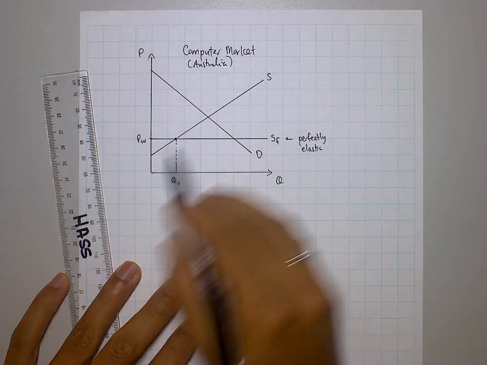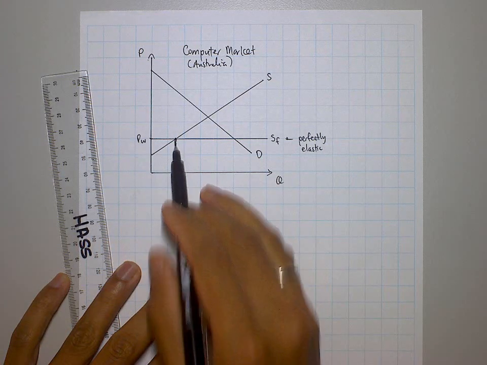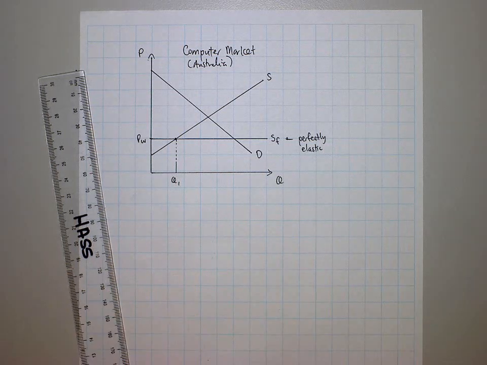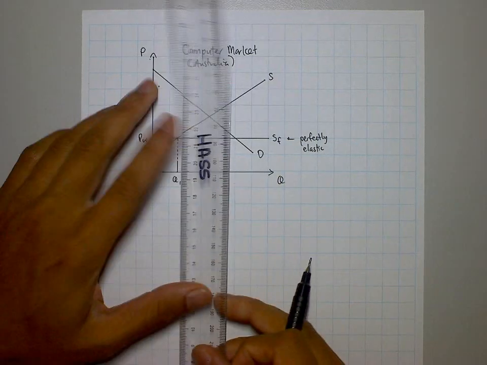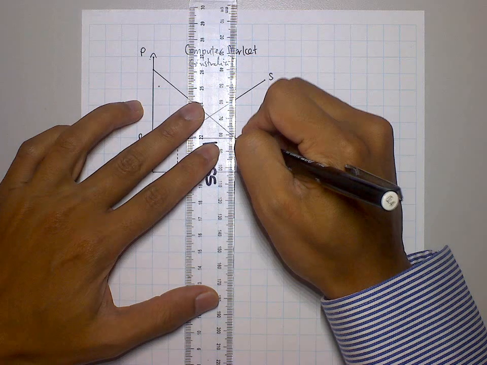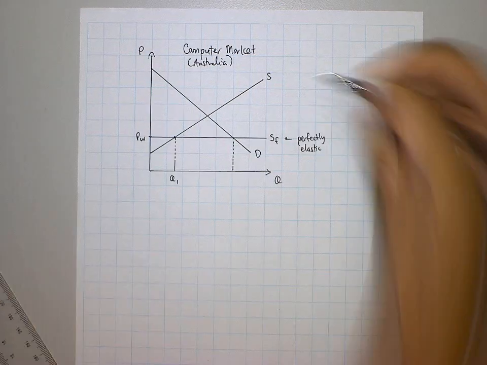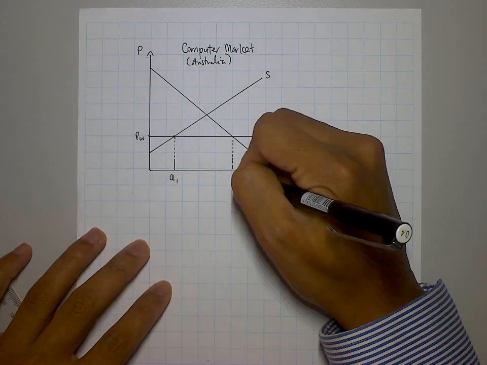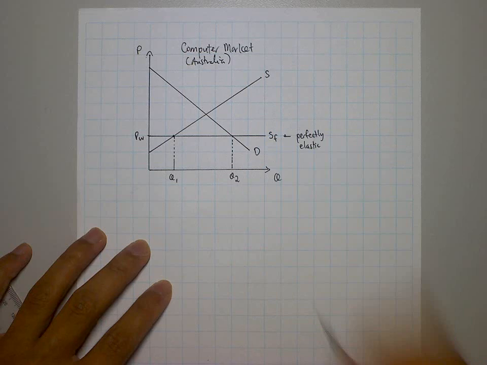So that's the supply curve and that's the price, and where it intersects is how much domestic producers are willing to supply. And then we have a look at where the demand curve intersects with the price, and that's where we see consumers are willing to demand. So we'll put Q2 over there.